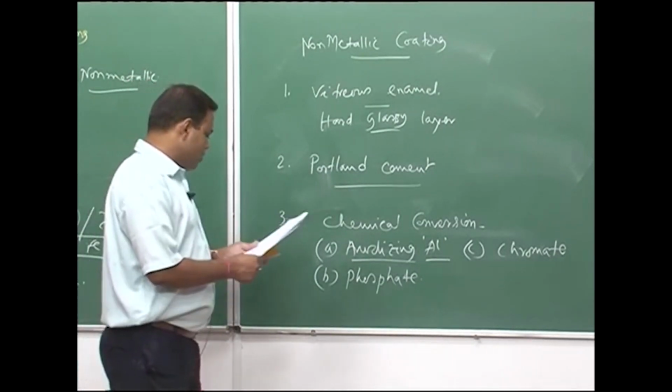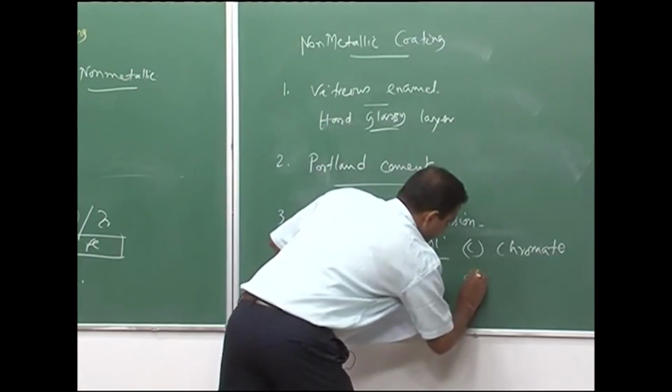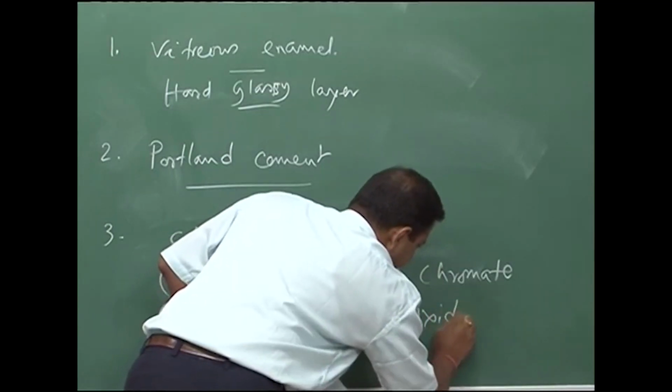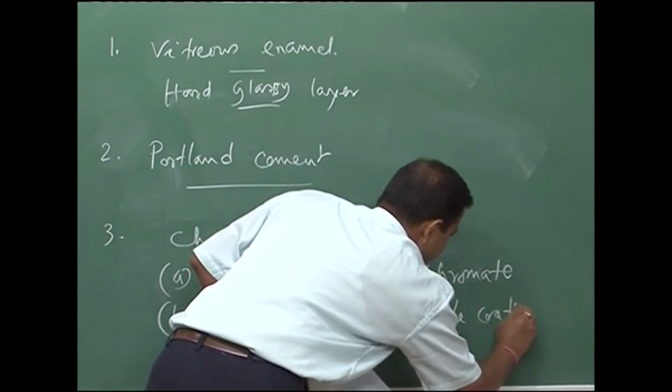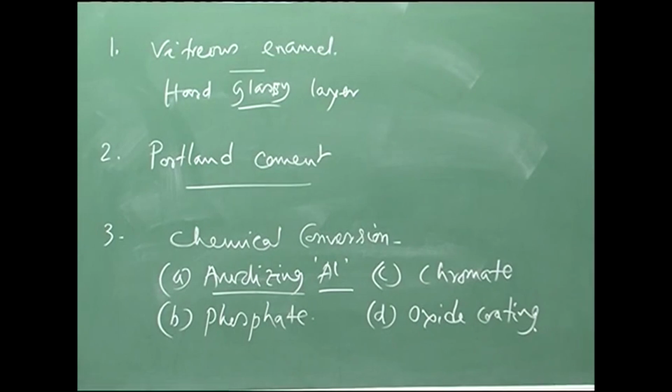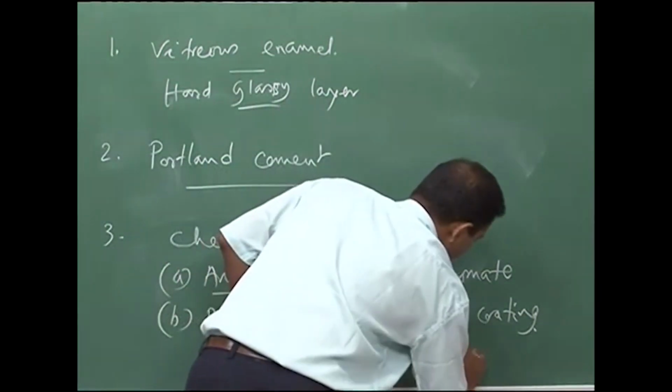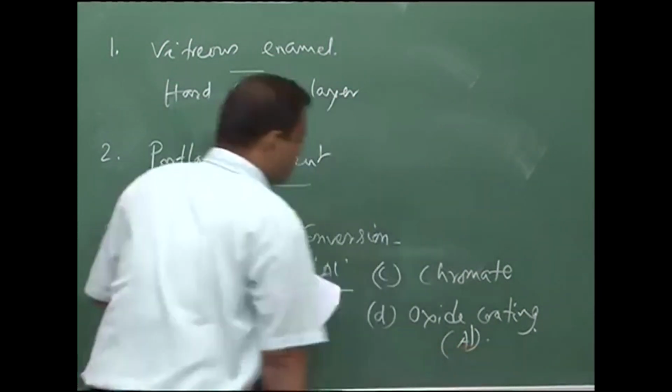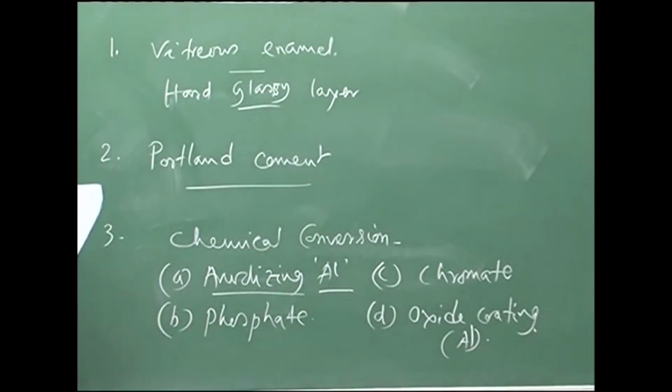So, that is the chromate coating. Then we can also have oxide coating. Here, aluminum, for example, is oxidized in the presence of chromate or dichromate to obtain a thick, strong oxide surface on the metal. So, these are a few techniques.